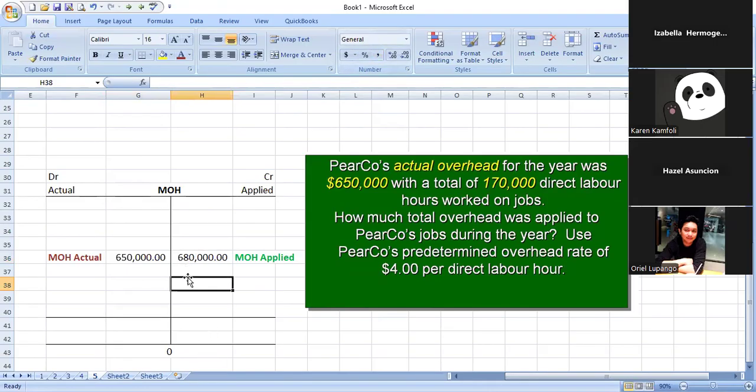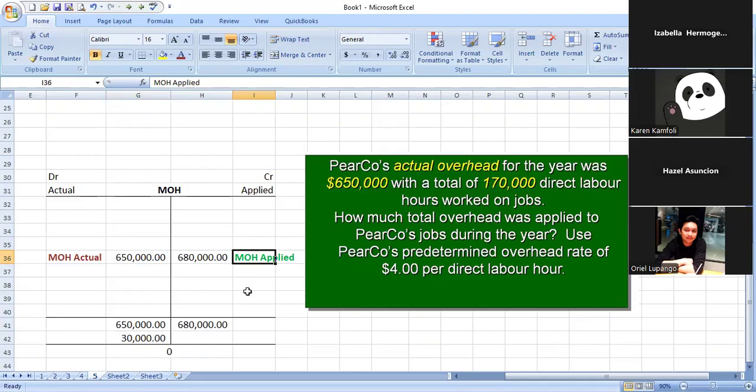Which one is higher? Applied. So where am I? Over applied or under applied? Applied, with how much? 30,000. Make sense? Yeah, look. That's always what you have to do. Put it in the T chart.